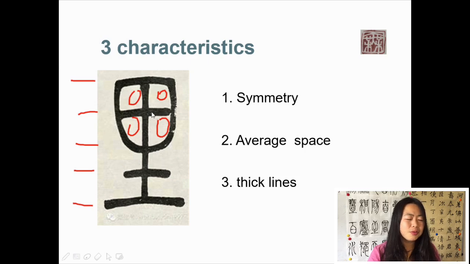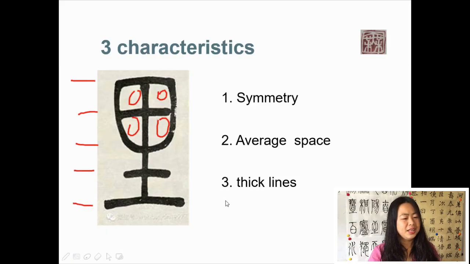Do we also write this kind of thin lines in calligraphy? Yes, we do. We have different styles of calligraphy. Just like Master Wu Rangzhi's style, it is mostly with thick lines.